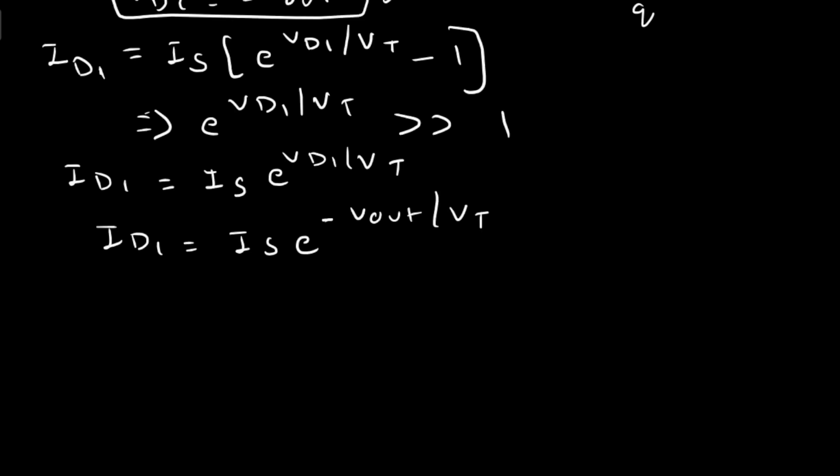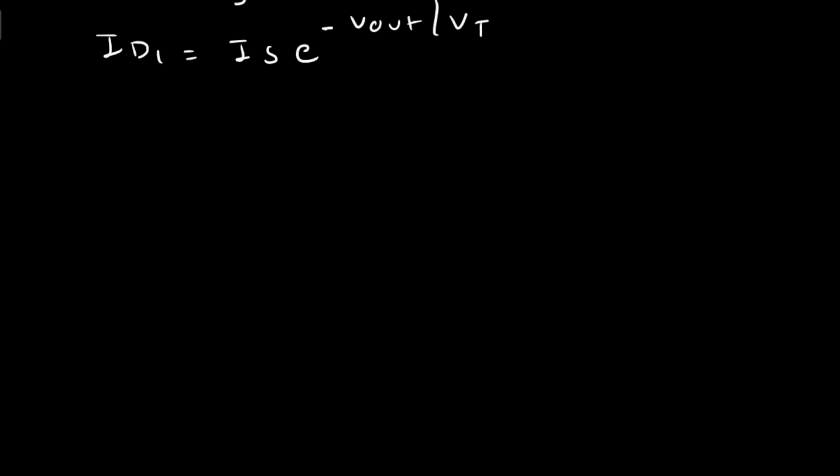So you can write ID1 equals In equals Is e power minus Vout by Vt. Now we have a relationship between In and Vout, but it is exponential.